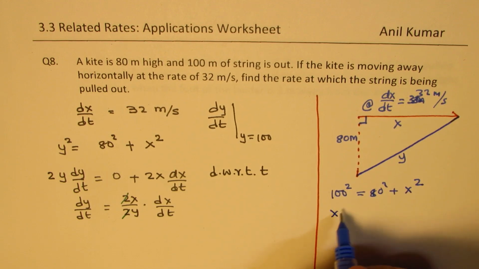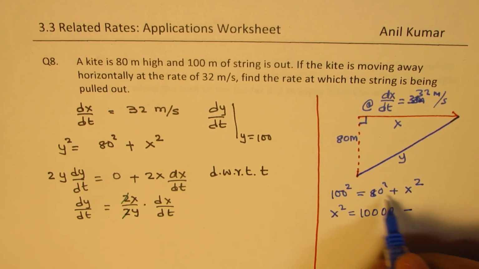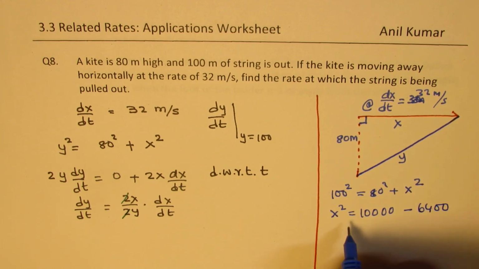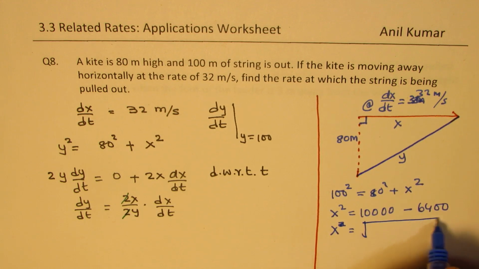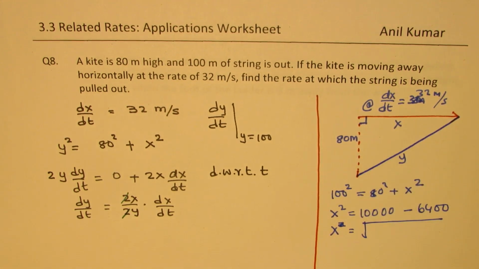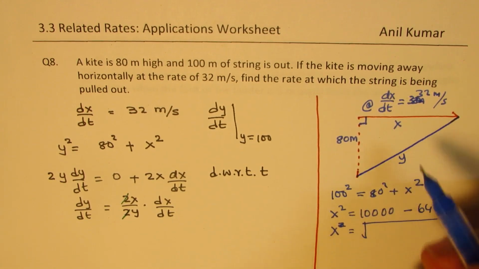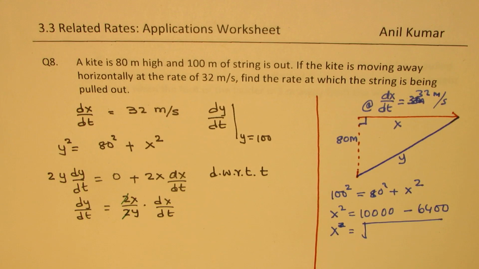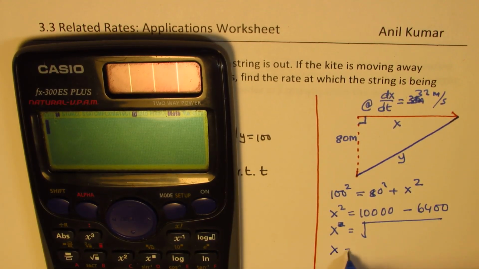So x square is equal to 100 square minus 80 square, and x will be the square root of this, which you know from your theorem, 3, 4, 5, and this is 6, 8, and 10, right? So you get your result. So we are expecting 60 here, right?